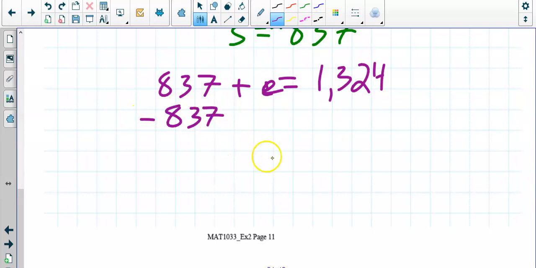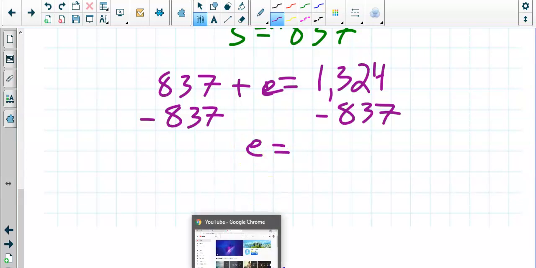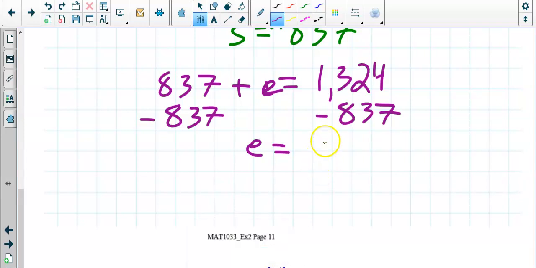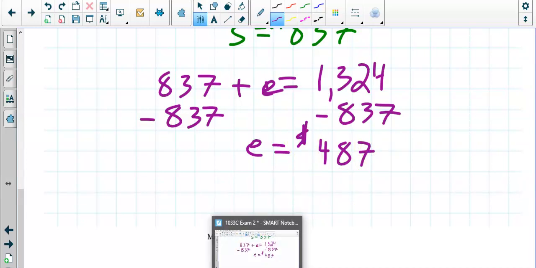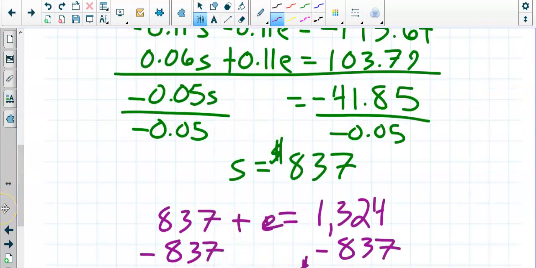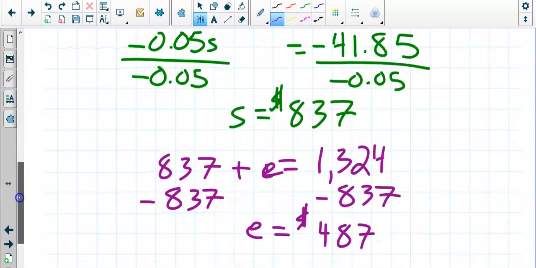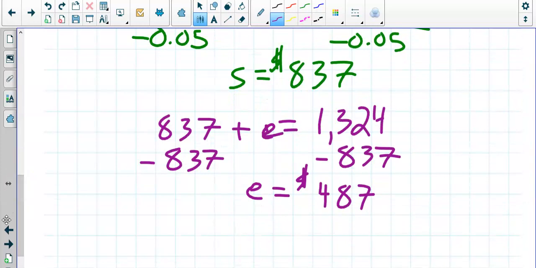Minus 837, minus 837. E equals 487 dollars. And there you go. So just make sure that you fill in the correct blanks or select the right answer. S, 6%, is $837. And the 11% is $487.